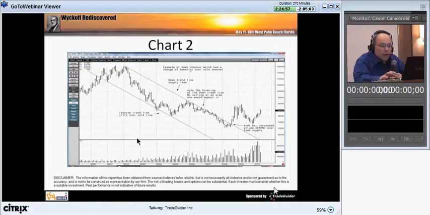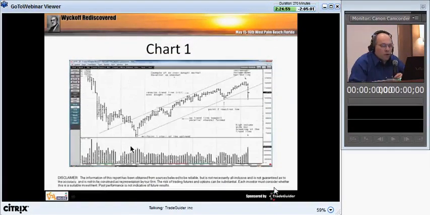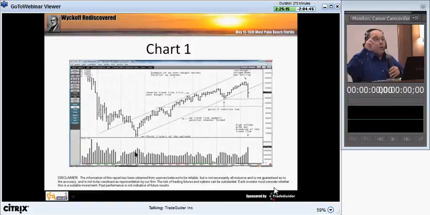You see the low right here? You see the volume? It's increasing. What's the next bar? Increased volume, increased bar. Effort versus result. More volume, more range. That was a very significant bar.